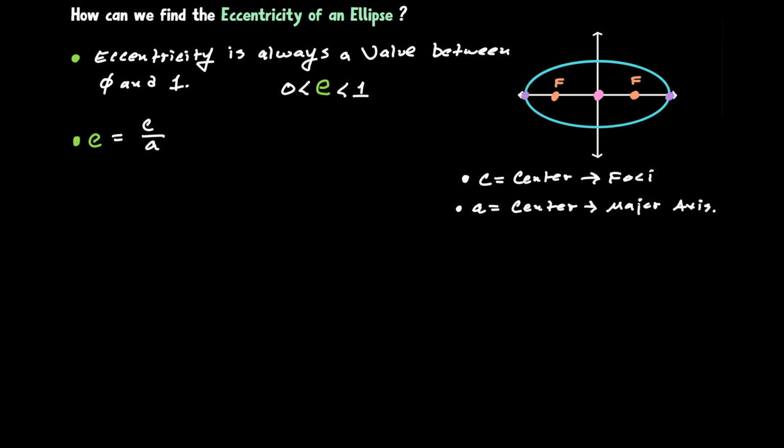Now, when we take a look at their location, we can start making sense as to why this restriction will always be true. The distance from the center to the major axis, which is represented as a, is always going to be greater than the distance c, which is the numerator. So within this ratio, we will always have the denominator greater than the numerator.